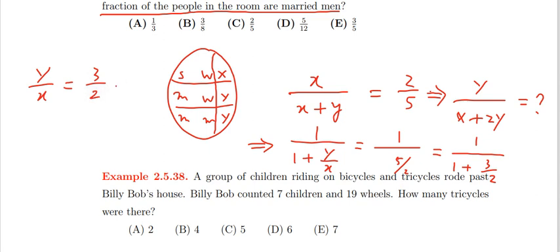Okay, so now we can say that y over x plus 2y. So we just divide by x, right? So y over x is 3 over 2. So divided by x is 1, and y over x, so 2 times 3 over 2. Okay, so then we can find this number. Let's do a little bit of calculation.